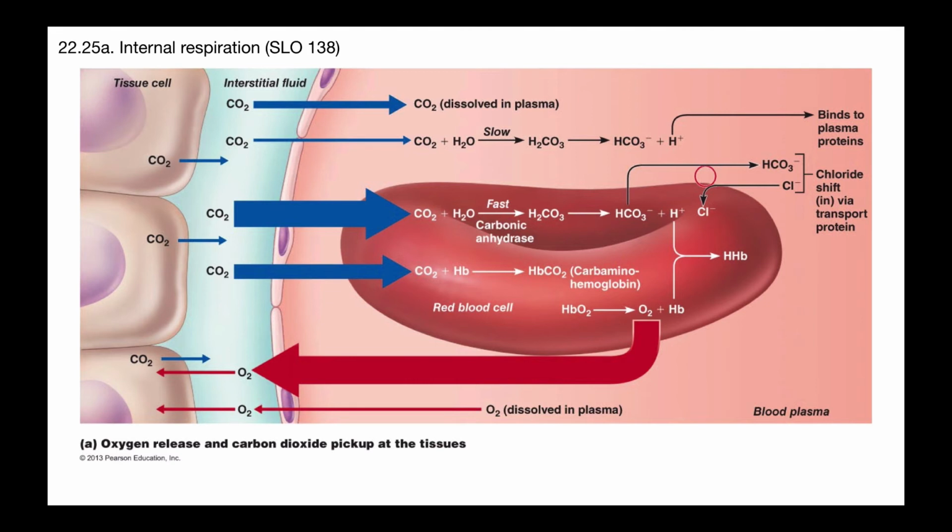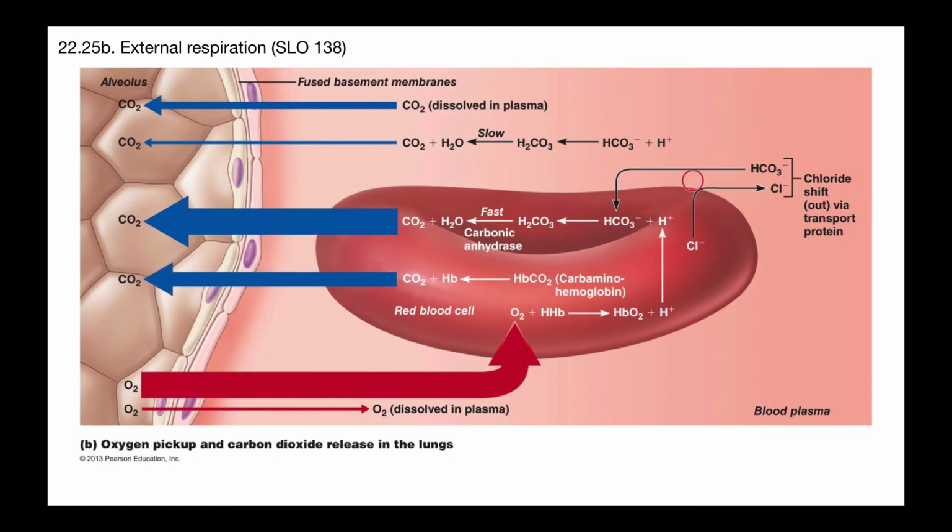So basically, when we're looking at this, the only one that I think is tricky is the carbonic anhydrase versus spontaneous formation of carbonic acid. But that's what we have for internal respiration. For external respiration, if we're moving gases between the alveolus of the lung and the blood, all those arrows are going in the opposite directions.